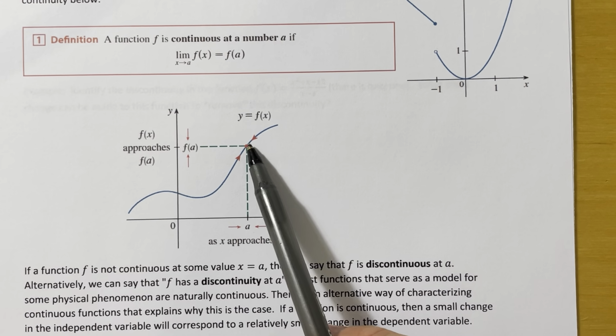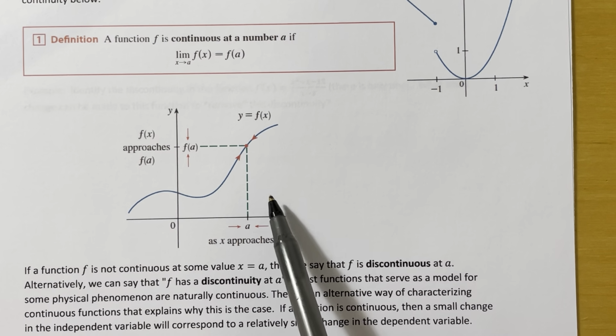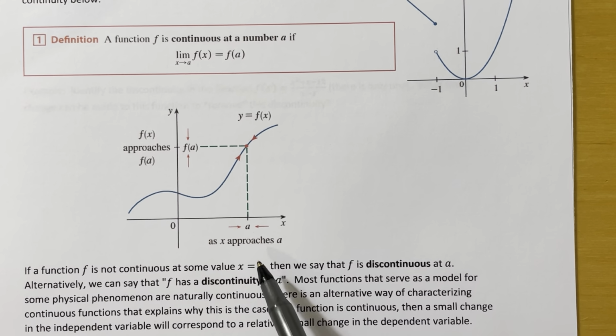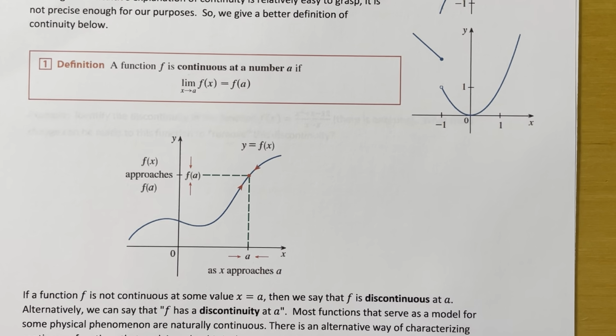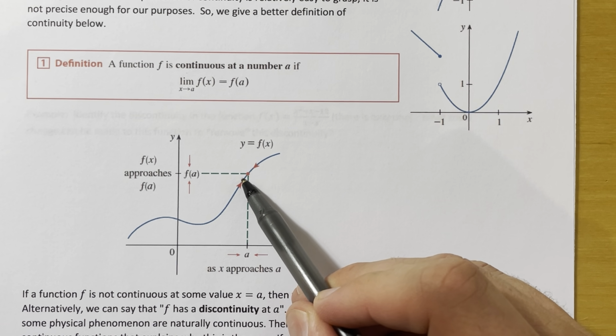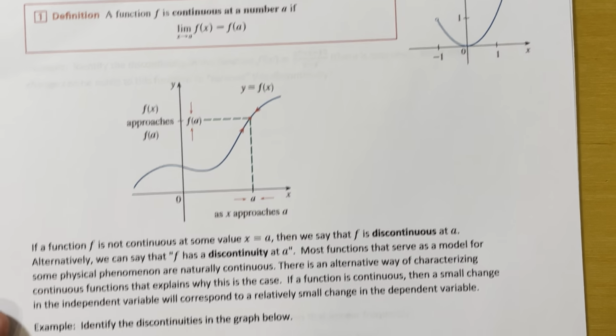But this point happens to also lie on the curve, and that would give us f of a if we plugged a in to our function. So the limit is approaching the actual point that already exists on the curve, which is basically what this definition is saying. If that's the case, then I should be able to sketch this part of the curve going through that point without having to pick my pen up.